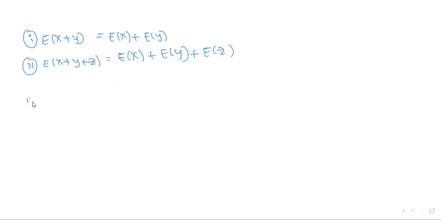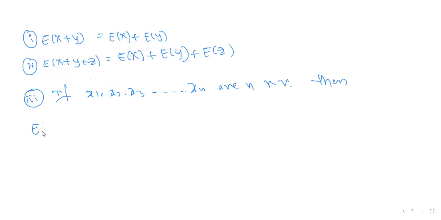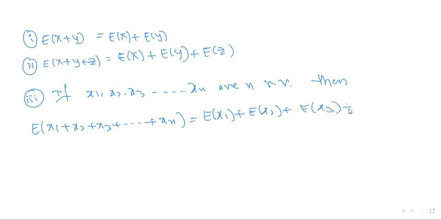In generalization, if x1, x2, x3, and so on up to xn are n random variables, then the expected value of x1 plus x2 plus x3 and so on up to plus xn is equal to the sum of their individual expectations, that is, the expected value of x1 plus the expected value of x2, the expected value of x3, and so on up to plus the expected value of xn.